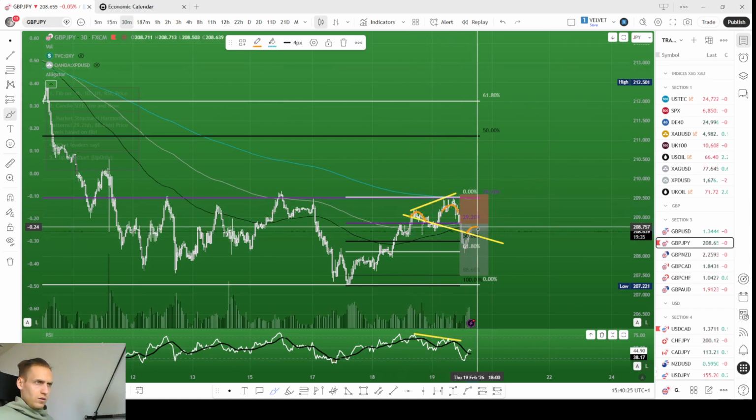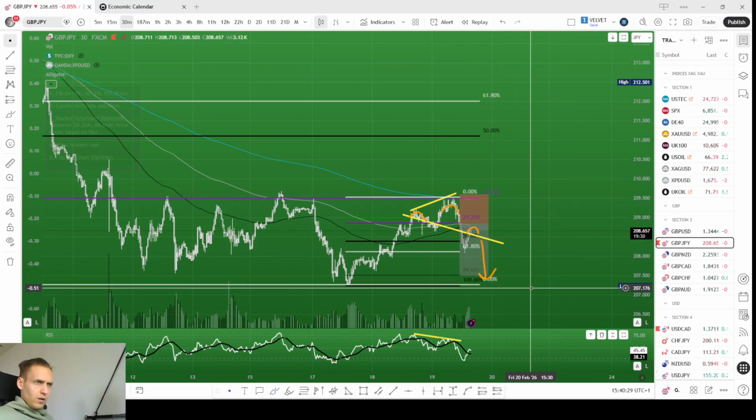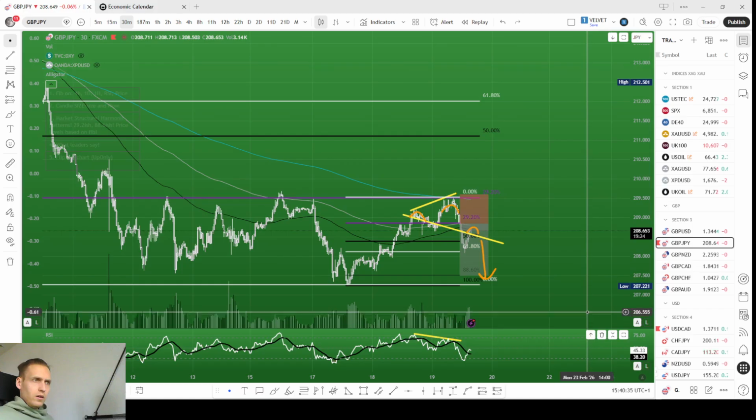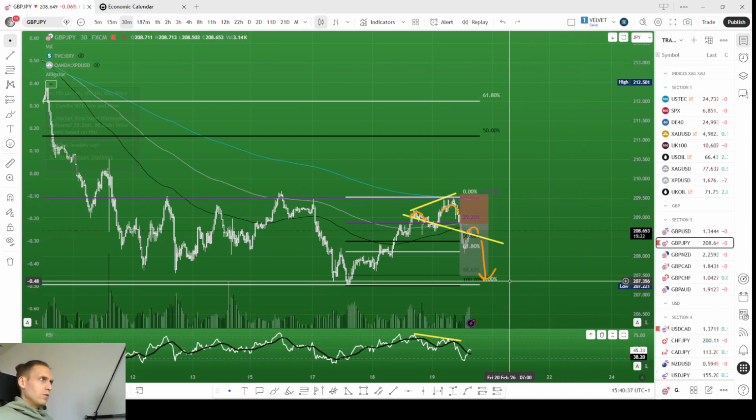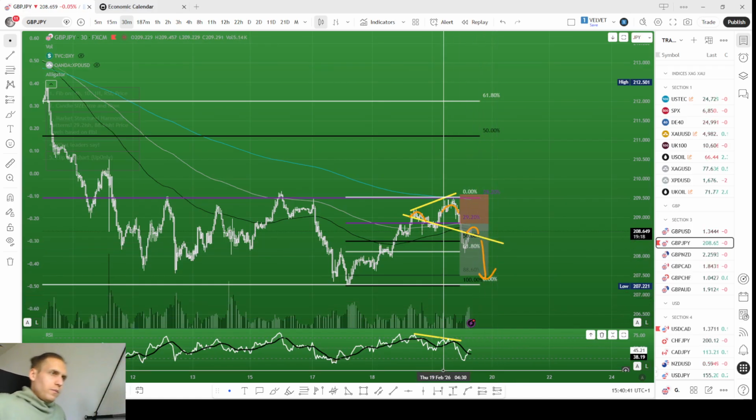This, and this, and then we're gonna continue to fall down. I hope. I'm gonna close anyway one of those trades today in the evening, so I need to make some action for my broker to stay in the game.